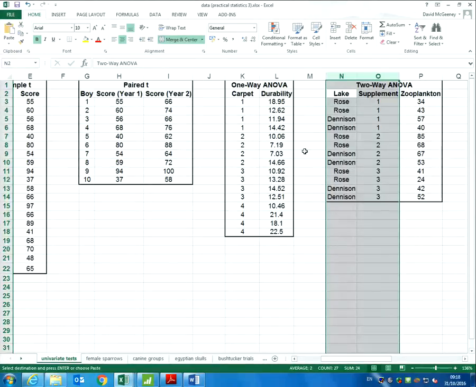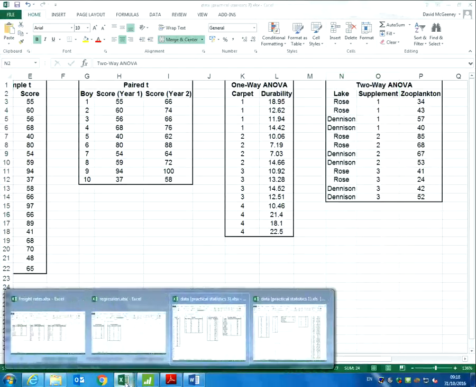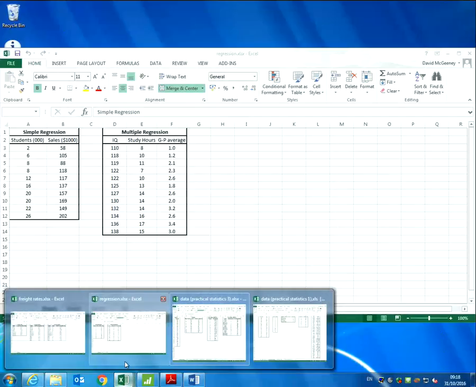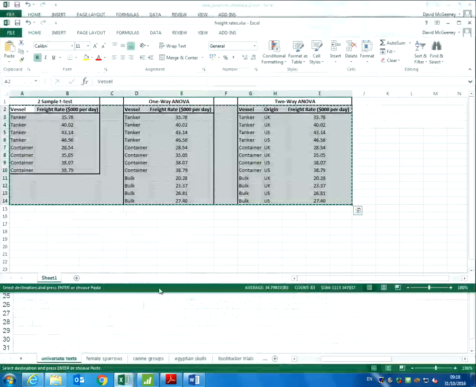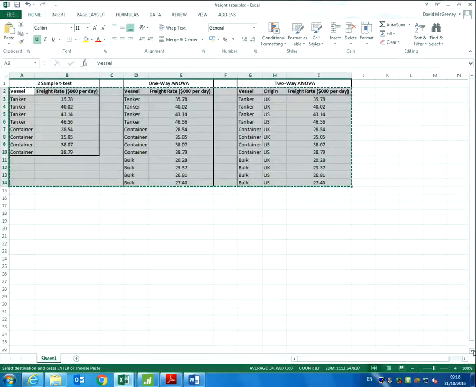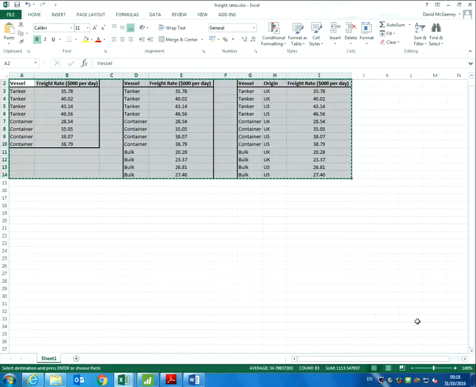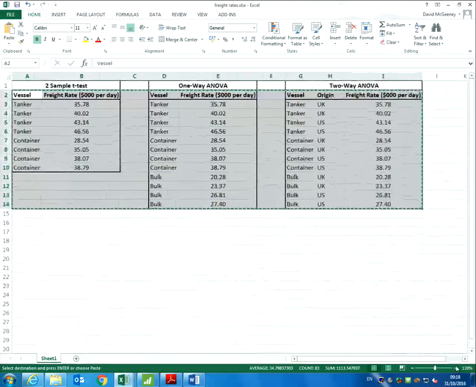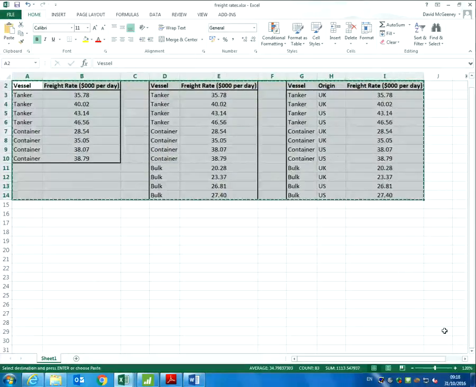Right, so I was asked the question in the computer practical last week.